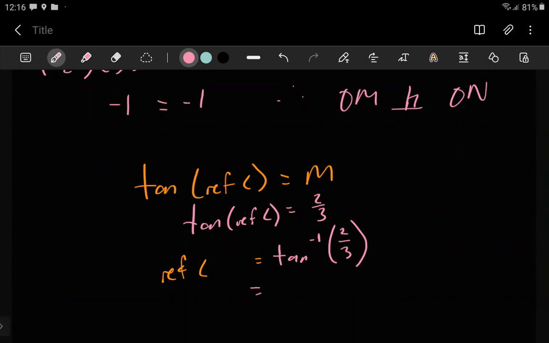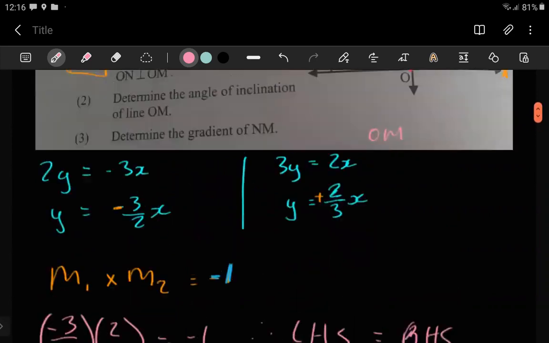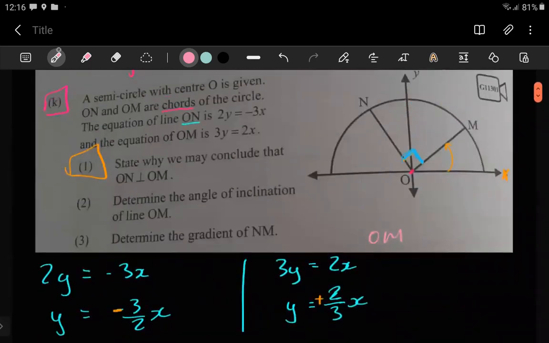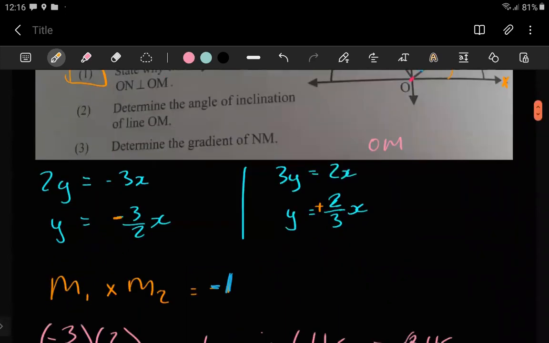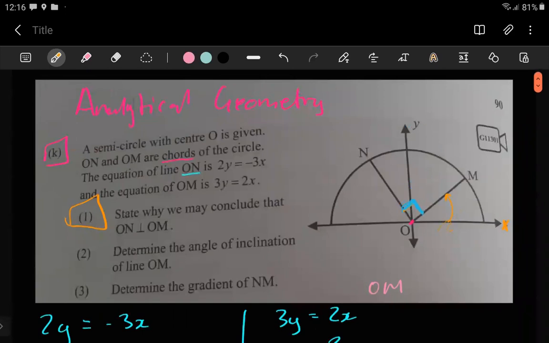33.69. Of which, as a reference angle, we can see it's definitely the angle we're looking for. Remember, English and math work hand in hand. It's a reference angle. You're supposed to use it as a point of reference to see what this angle is.